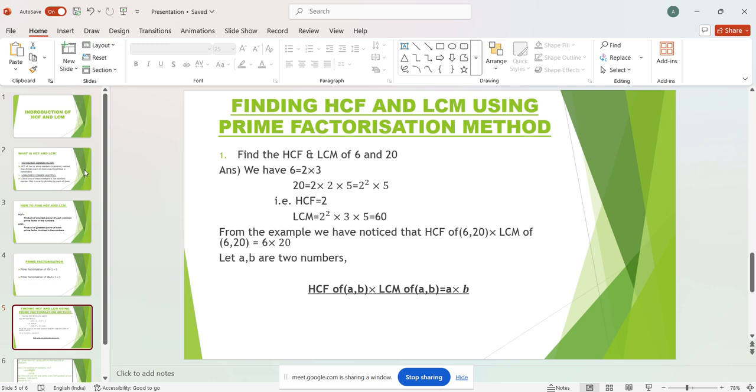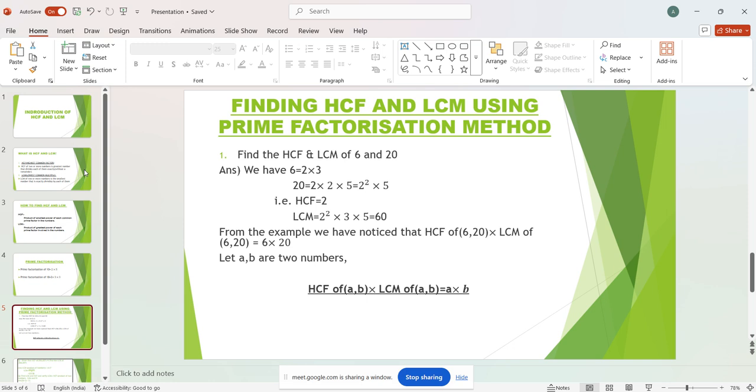So LCM equals 2 square into 3, with 3 raised to 1, and then 5, which is only in 20. So LCM equals 2 square into 3 into 5, and multiplying all, you get 60.